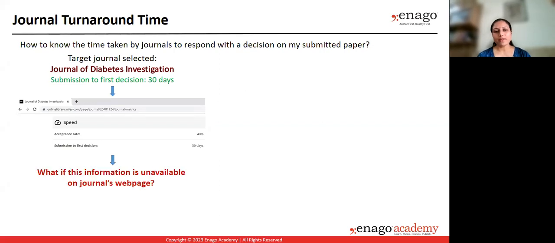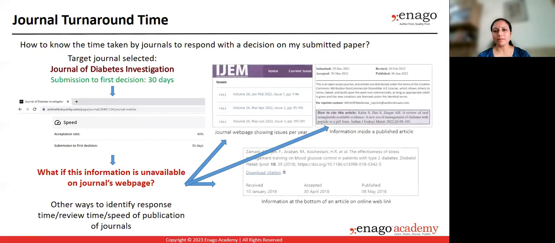But what if this information or these details are not available on the journal's webpage? There are other ways through which we can gauge. You can look into the number of issues that a journal has published. For example, in the center screenshot, we can see this journal publishes papers every month. So this is a continuous publication process, indicating a rather fast publication process.